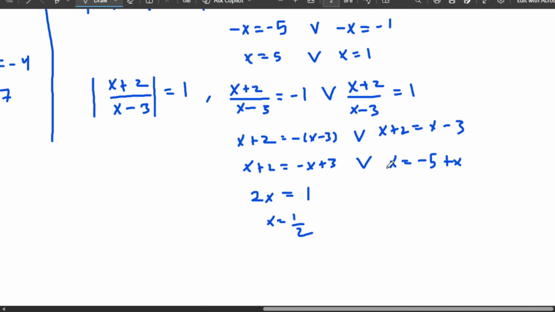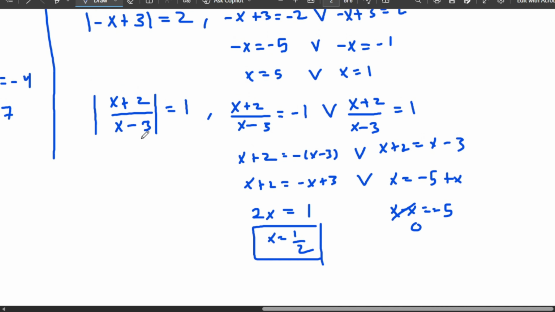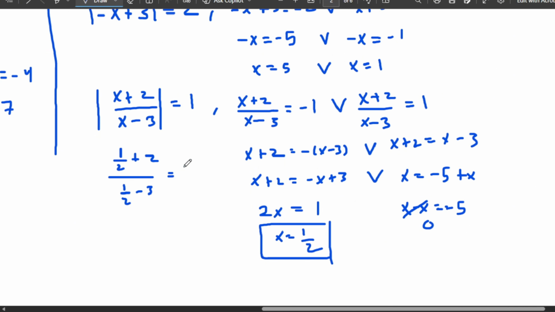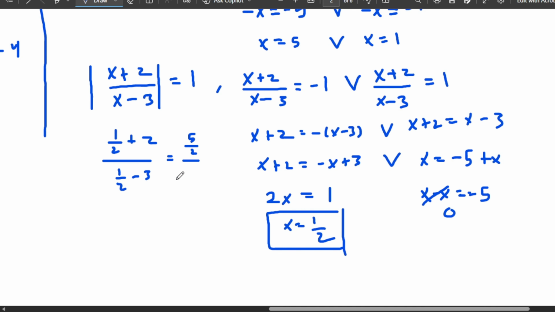For the second, as you can see, x minus x leaves us with negative 5 equals 0, which is impossible. So the only possible value of x must be a half. If you put a half here, a half plus 2 over a half minus 3 will be 5 over 2 over negative 5 over 2, which leaves us with negative 1, and the absolute value is 1.